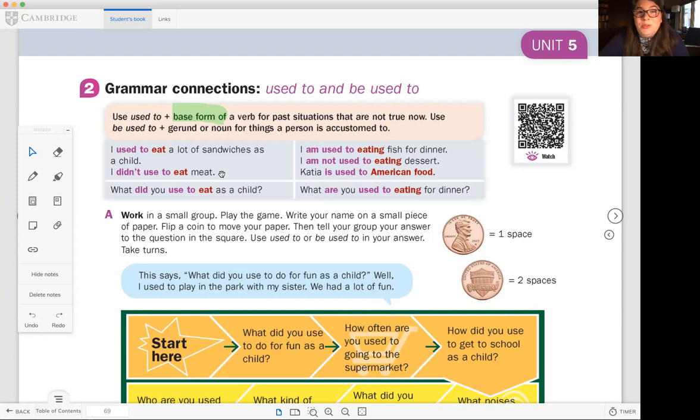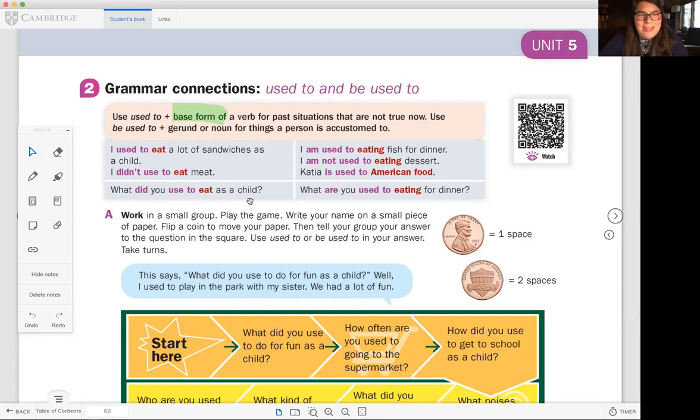I used to stay up late at night all the time, but now I don't. Now I go to sleep early. This is the idea of a past habit that's not true now. So I can ask you, what did you used to eat as a child? Meaning something you only really ate as a child and now you don't.